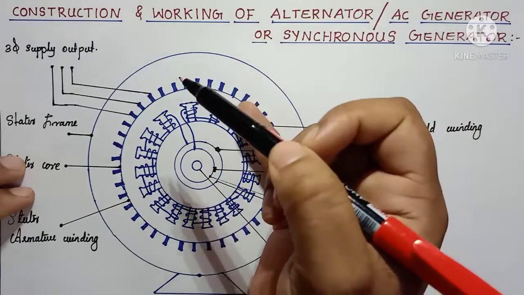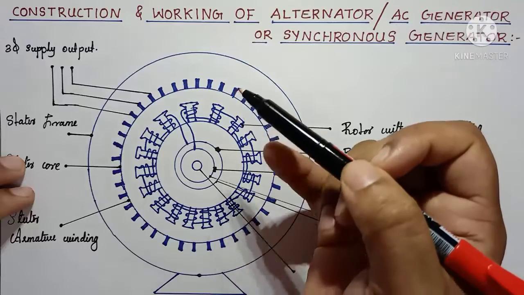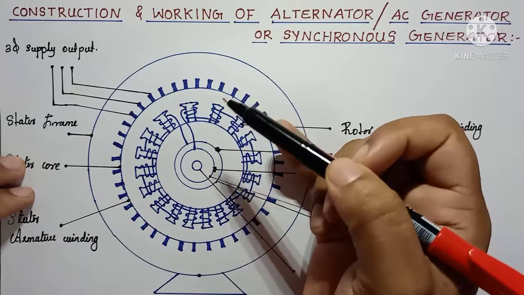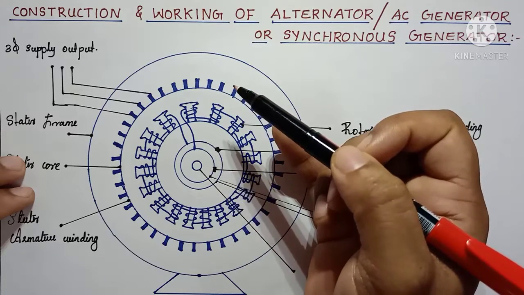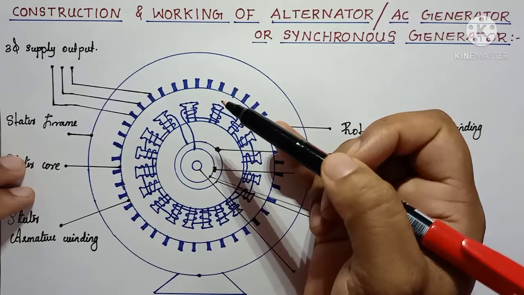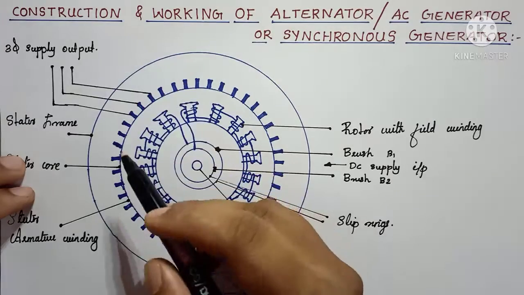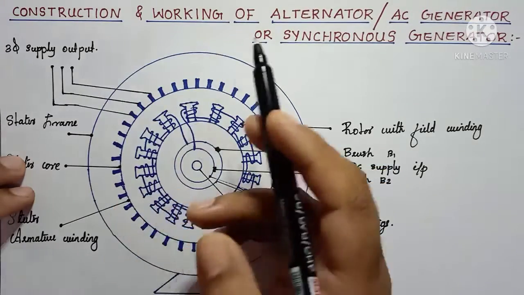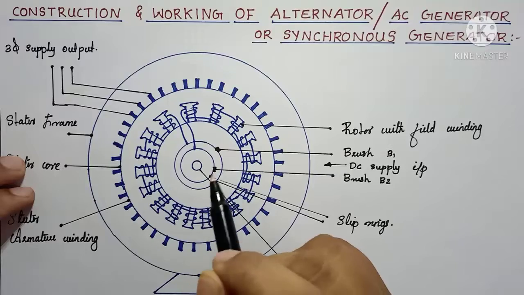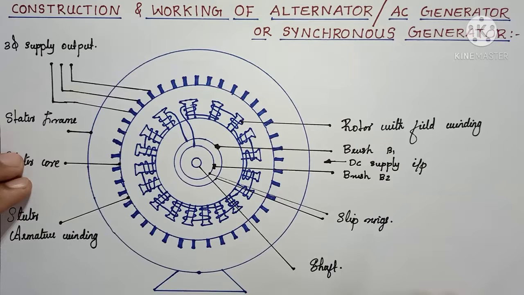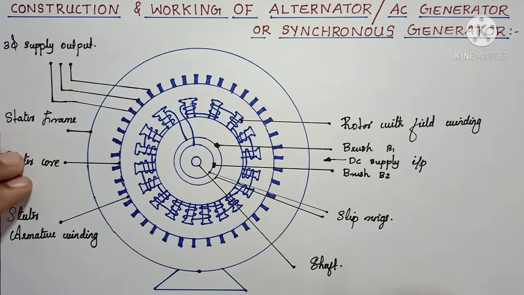Since they are closed, some current will be induced in the armature winding. The relative motion between the armature winding and the field winding provides currents in the armature winding, and you can collect the current from the stator armature windings. You will get a three-phase output. This is the major working principle of an alternator, and these are the basic requirements for the construction of an alternator. Okay, thank you.